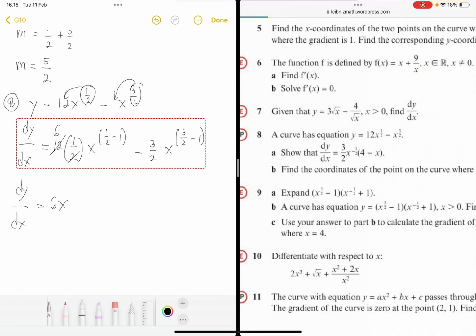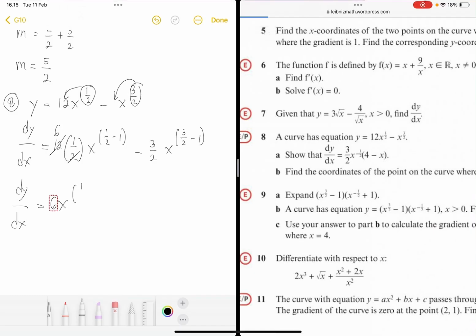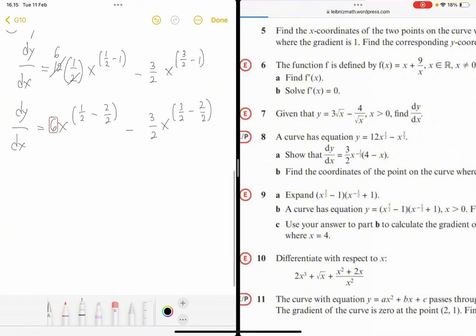So 6 x to the power of 1 over 2 minus 1, which is minus 1 over 2. Where is that value from? This one, 1 over 2, we have minus 2 over 2, and 3 over 2, this one also 3 over 2 minus 2 over 2, so it's going to be dy/dx equals 6 x to the power of minus 1 over 2 minus 3 over 2 x to the power of 1 over 2.